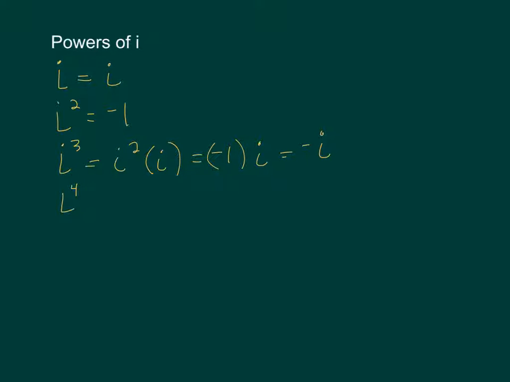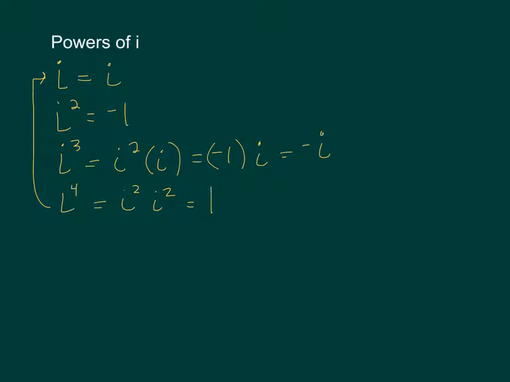And i to the fourth is i squared times i squared. Negative 1 times negative 1 will give us 1. After i to the fourth, if I go i to the fifth, I'll be back up here at i.